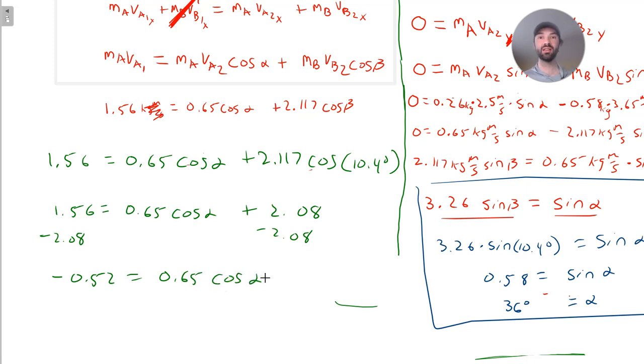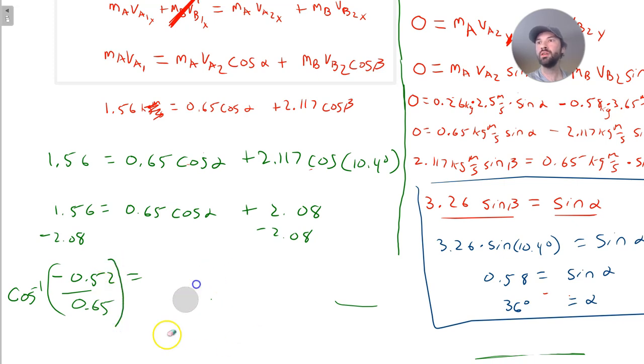What does that negative mean? That negative means it's going to have to be the opposite direction. So now we divide both sides by 0.65. And I'm just going to erase here. Now we do our inverse cosine function. So cosine to the negative 1 of this whole thing is going to equal alpha.